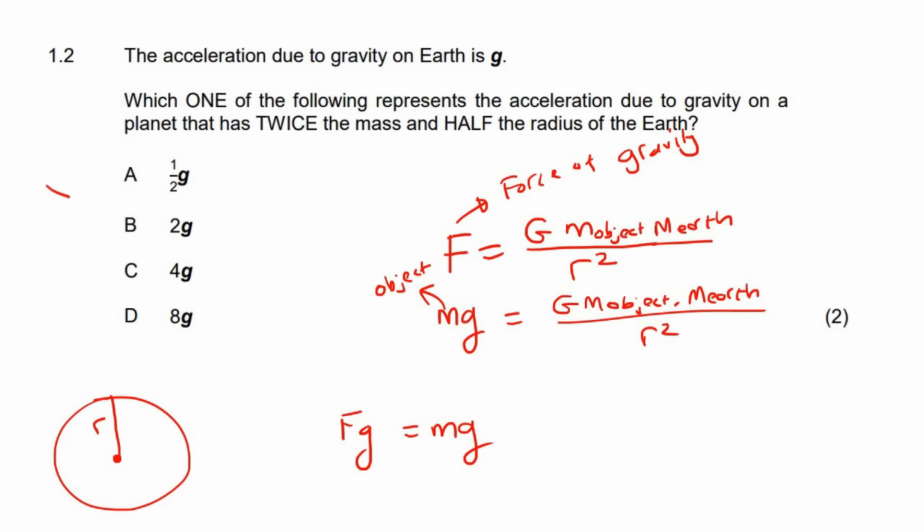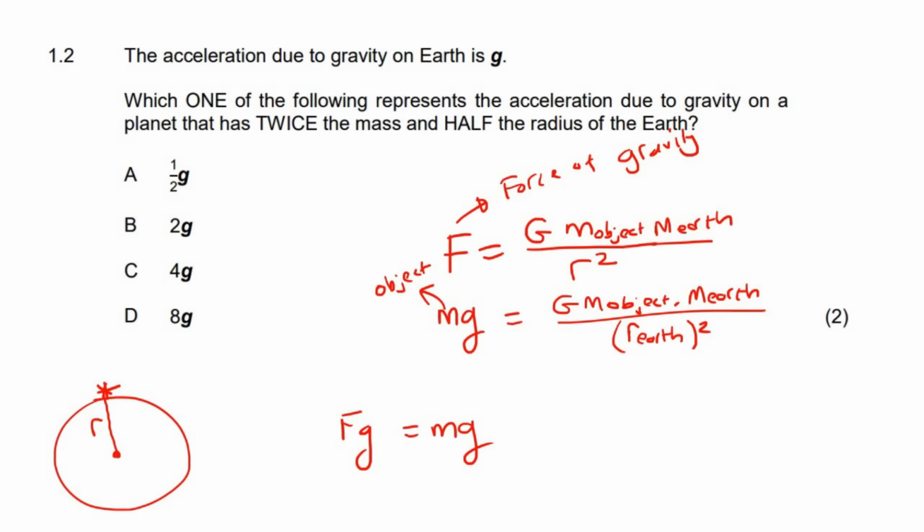But if there was an object somewhere over here, then the distance between them is not going to be the radius of the planet. But when the object is directly on the surface, then that is the radius. So this part here, I will call this radius of Earth.